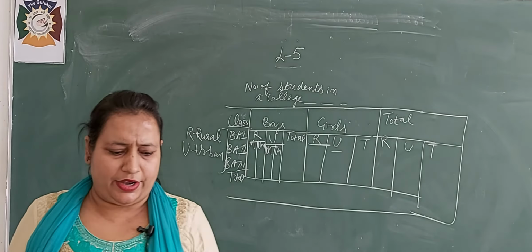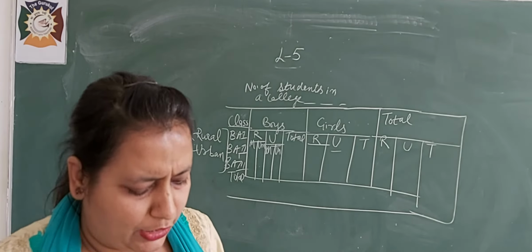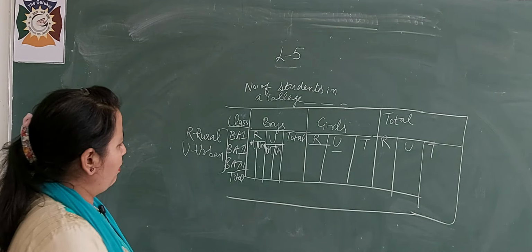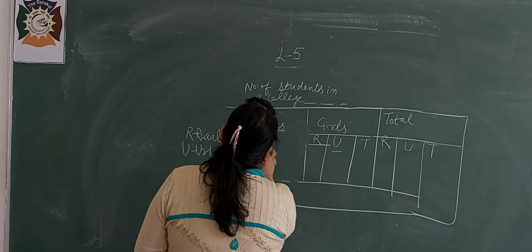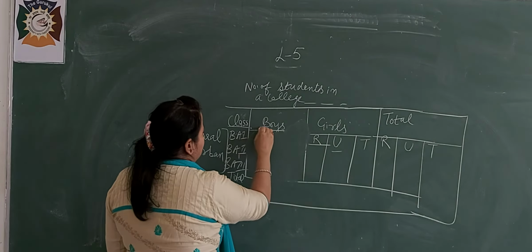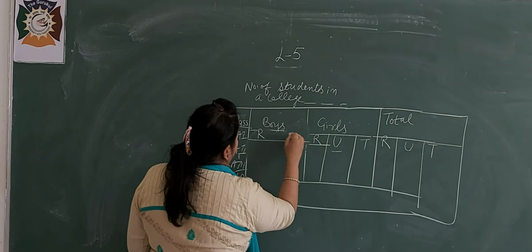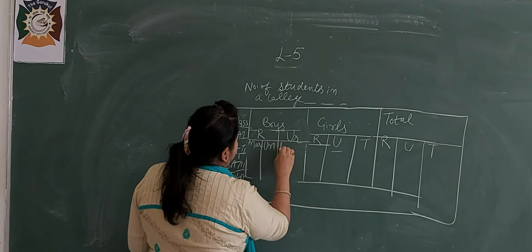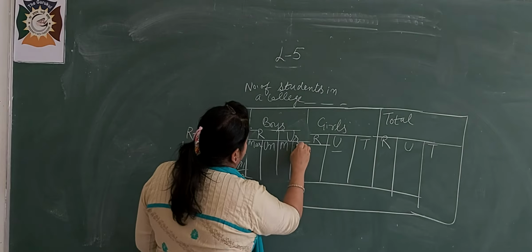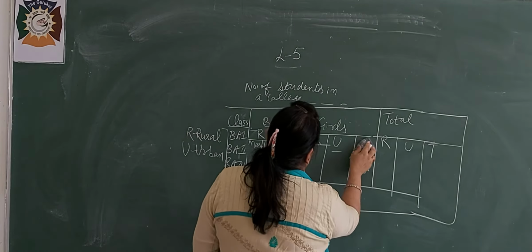So this is divided into other parts, but the total you will remove from here. Total you will not write over there. Boys, rural, urban; from this you are getting married or unmarried. Then same, married, unmarried. You will remove total from here.